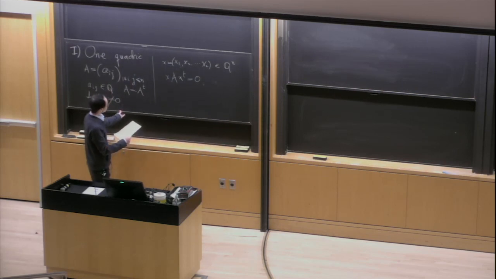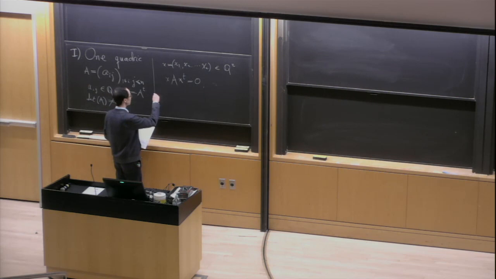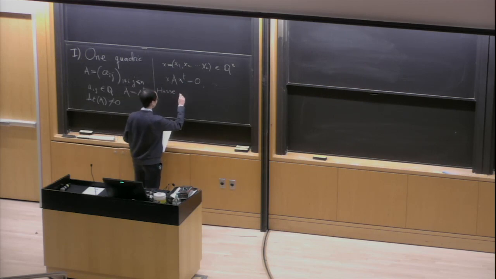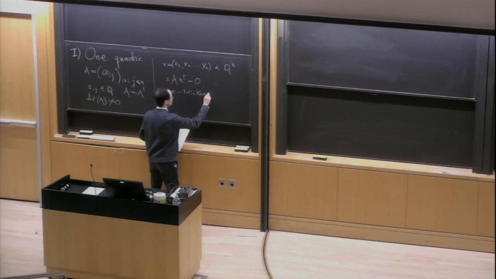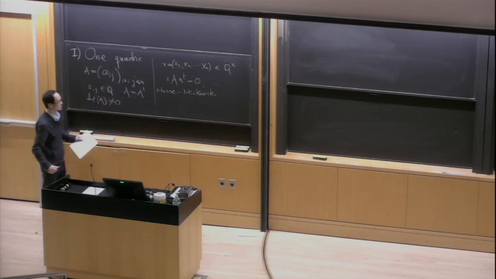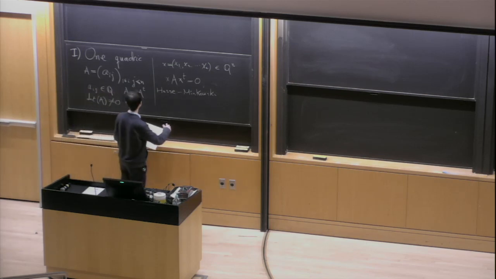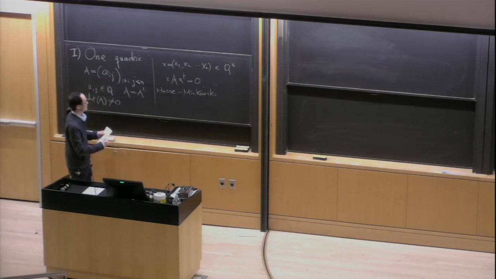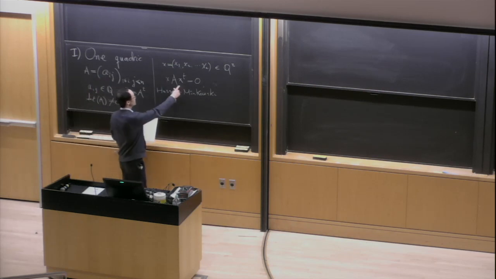So the result proved by, we have known for more than 100 years, Hasse, Minkowski, which says the following. I can even assume the entries are integers by just multiplying by the common denominator, since this is a homogeneous equation, so that doesn't hurt.